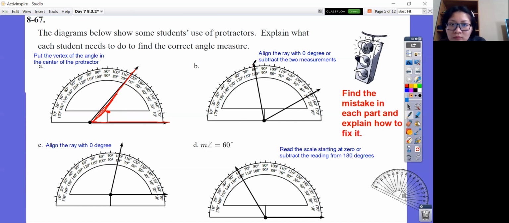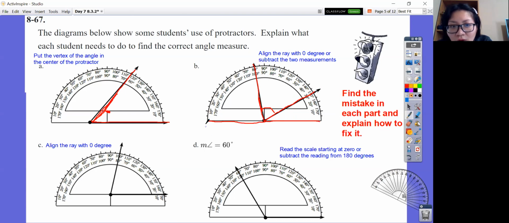Question B. This is your angle. The student, again, doesn't know how to use the protractor. If you know how, tell them. Align the ray with 0 degrees. This is your ray. Is it matching with your 0 degrees right here?